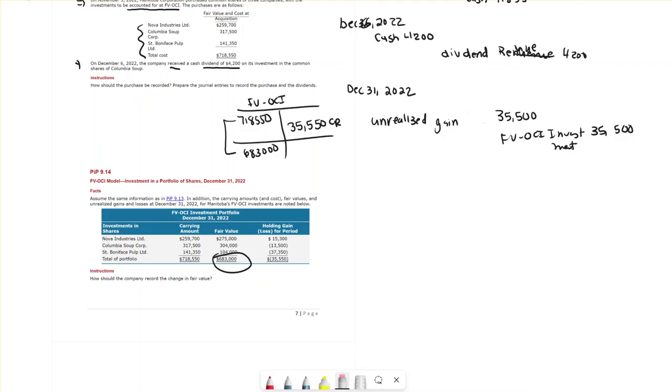If this is a debit, how would you do it? You will credit that account. We call it unrealized gain/loss, and debit will be accumulated other comprehensive income for 35,500. You don't need to show this entry, but just remember that we have a debit balance in our accumulated other comprehensive income.